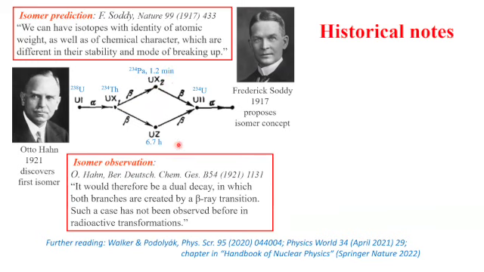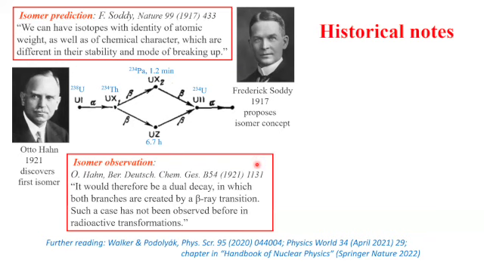And they both beta decayed. Although he couldn't really prove his case at the time, he did make the statement that such a case has not been observed before in radioactive decay. And he turned out to be quite right about that. But it was not accepted at the time because it was a one-off.